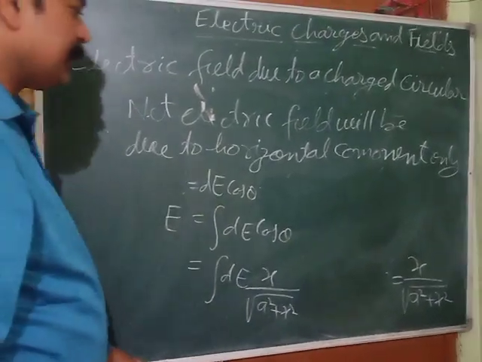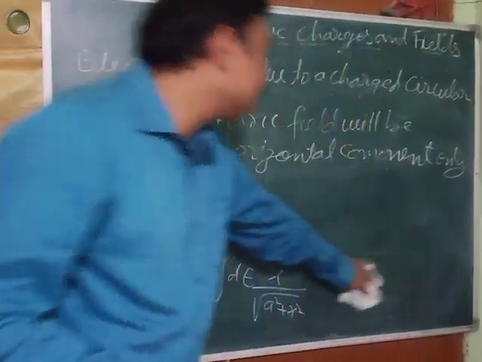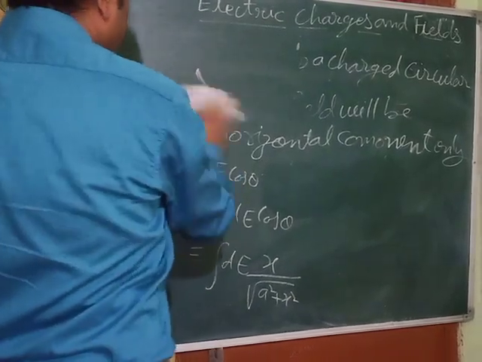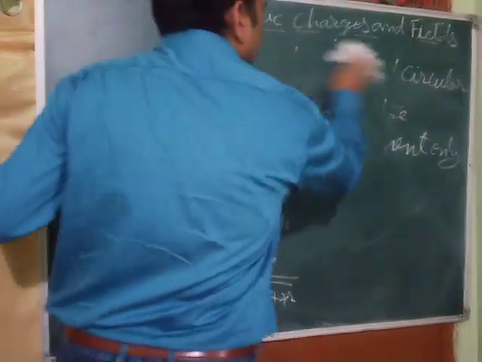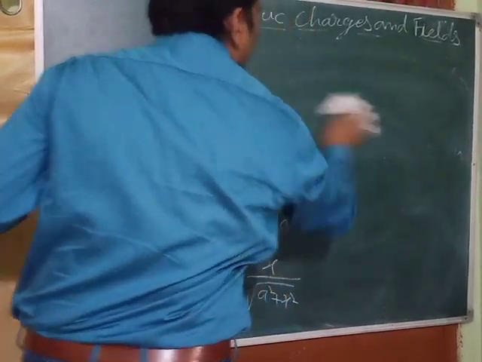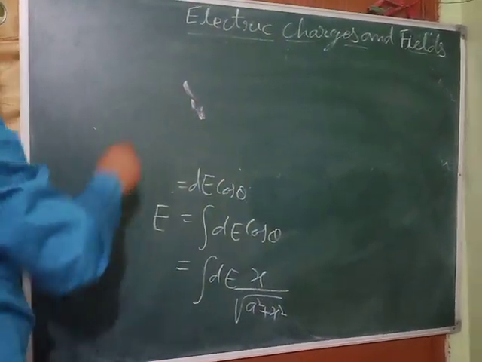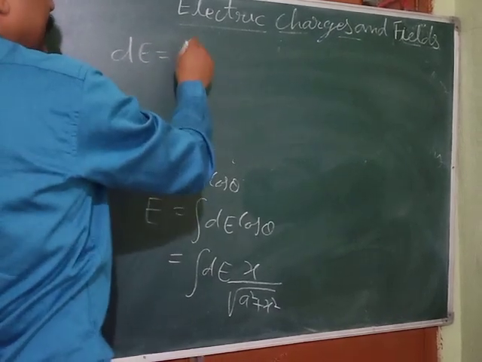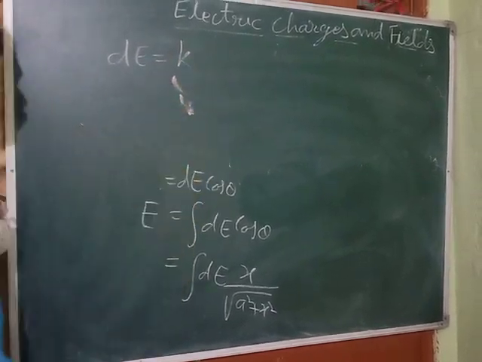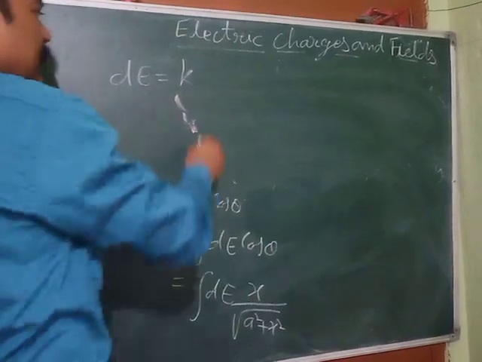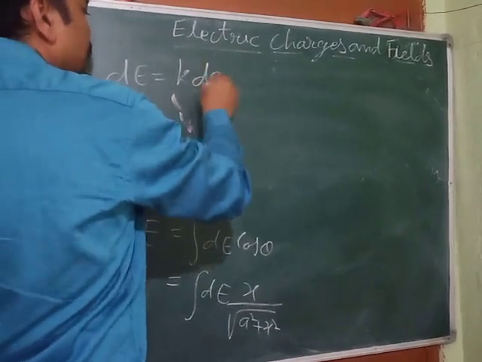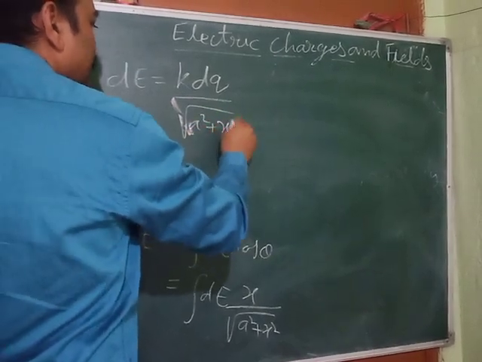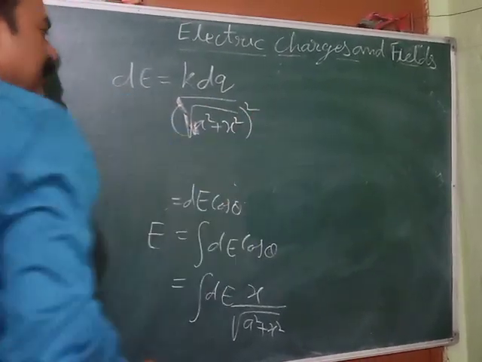That we have to write here. See, dE is k dq upon distance, which was a square plus x square, whole squared.